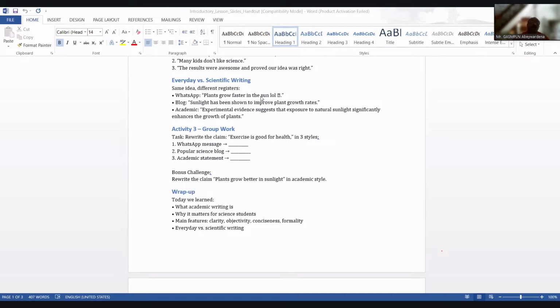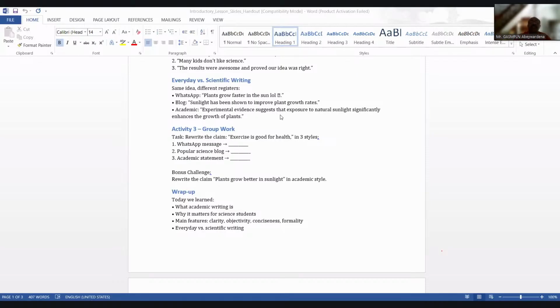Very informal. Blog: semi-formal. Sunlight has been shown to improve plant growth rates. This is semi-formal. So sunlight has been shown to improve plants' growth rates. What is academic?